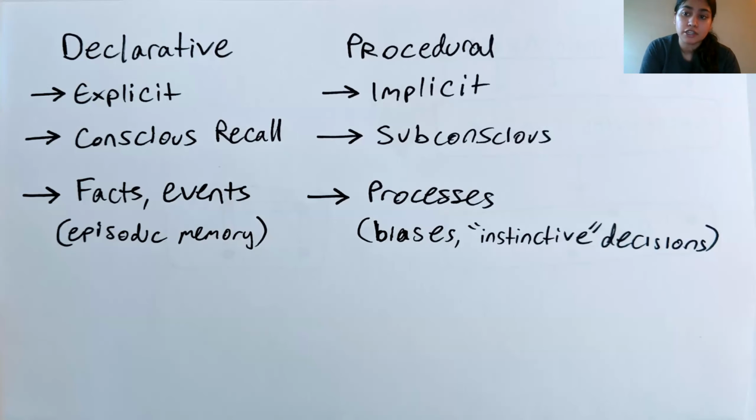So Brenda Milner was the scientist who showed a lot of information about declarative and episodic memory, specifically through working with a patient named Henry Molaison, who had his hippocampus removed. She showed the distinctions between memory that was declarative and memory that was procedural, and which kinds of memories needed the hippocampus and which ones didn't.